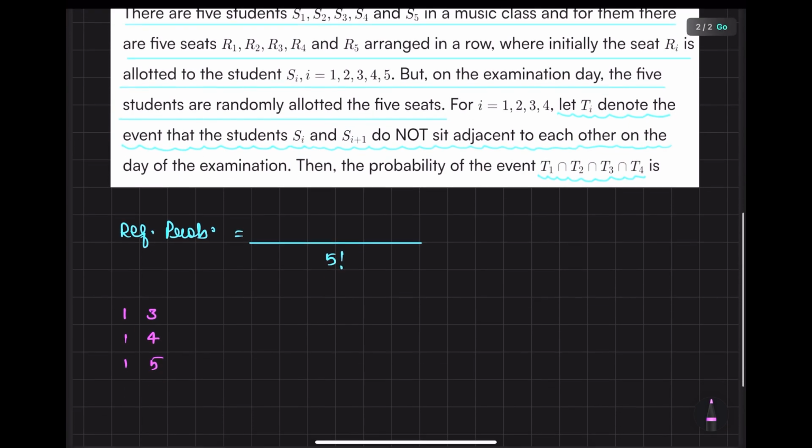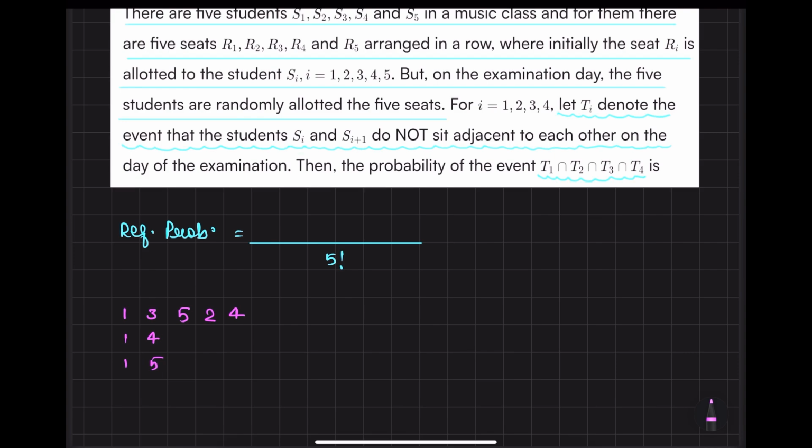Now look at this. With 3 you know that you cannot allow 2 to sit, and with 3 you cannot allow 4 to sit. So who will be sitting beside 3? It is 5. Now with 5 you know that there are 2 left, that is 2 and 4. But you know that with 5, 4 cannot sit, so there is only one choice, that 2 will sit here and then 4.